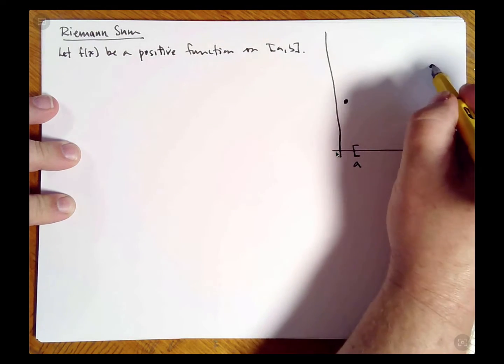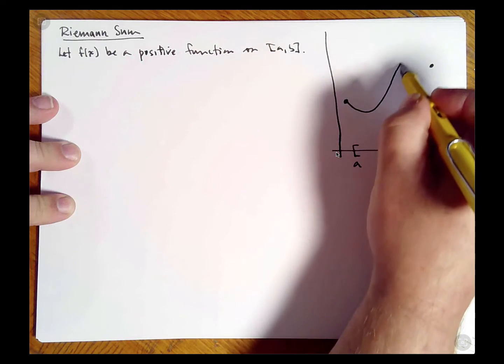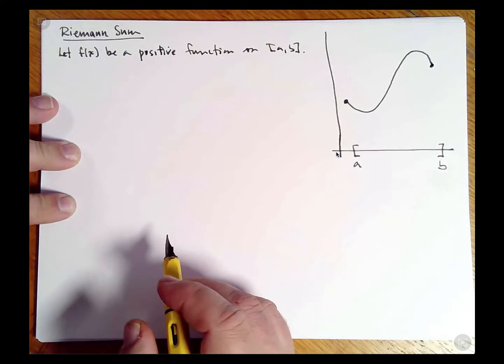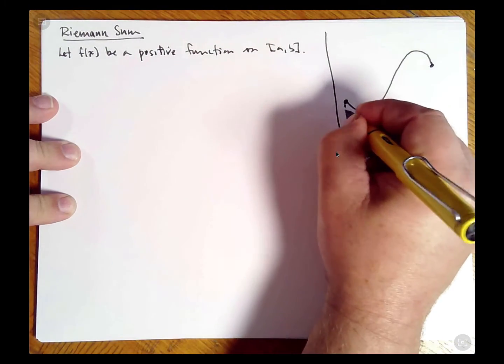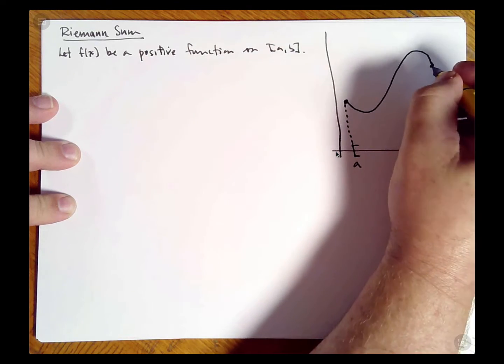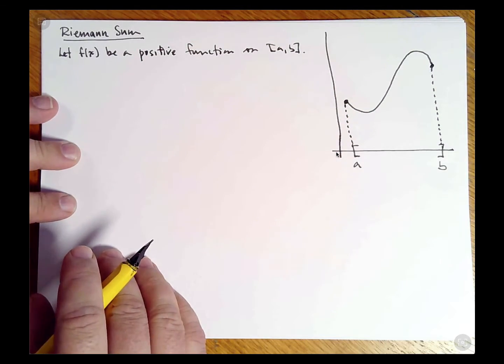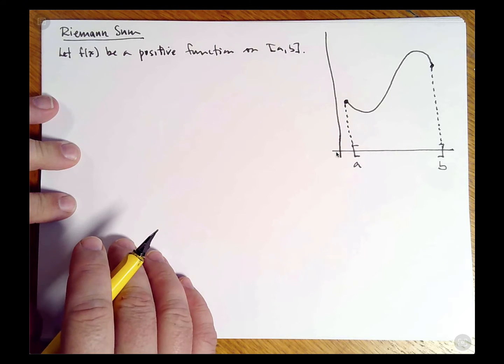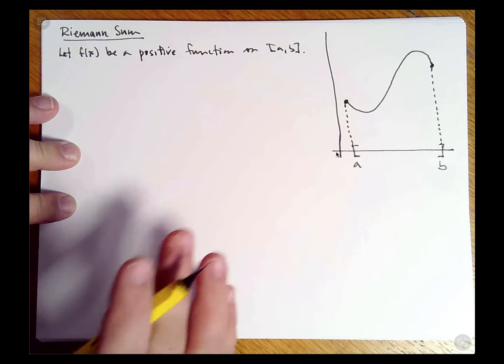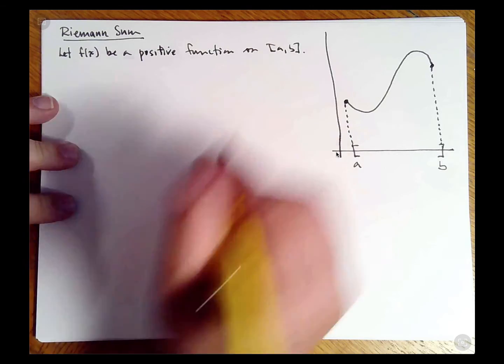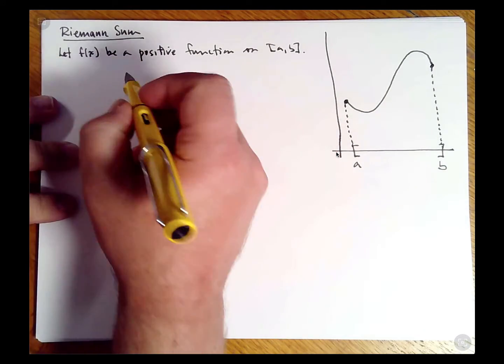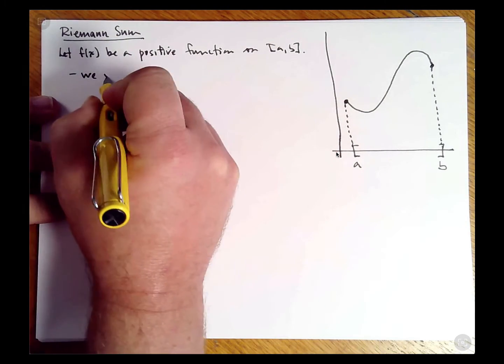Function value starts there, ends there. Let's say the graph of the function looks like that. I'm just going to highlight the edges, and this is a region, right? There's a region here between the curve and the x-axis, and we want to calculate that area.